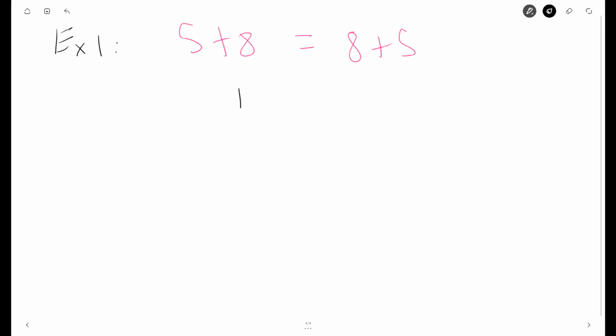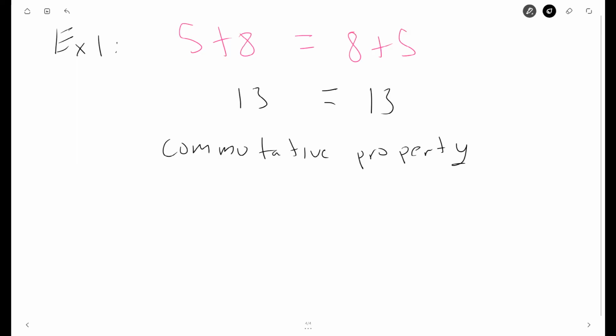For example, 5 plus 8 equals 13 and 8 plus 5 equals 13. That means both sides are equal. So this is called the commutative property of addition.